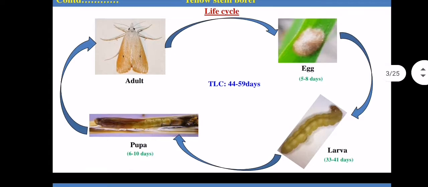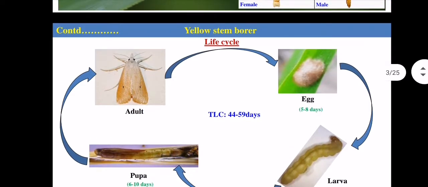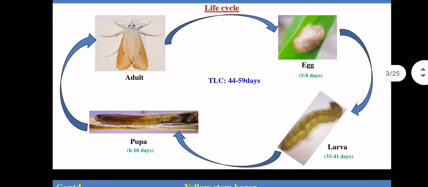If we talk about the life cycle of the yellow stem borer, this is the life cycle. It is also an example of complete metamorphosis. Eggs, then adult male and female after mating lay the eggs, larvae emerge from the eggs, then the larva transforms into the pupal form, and the pupae after 6 to 10 days emerge into the adult.